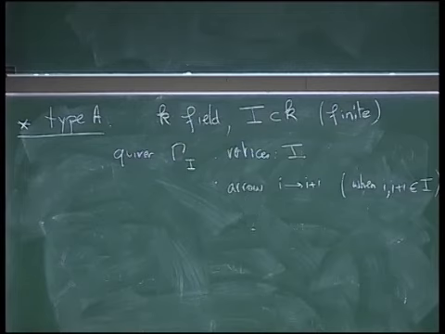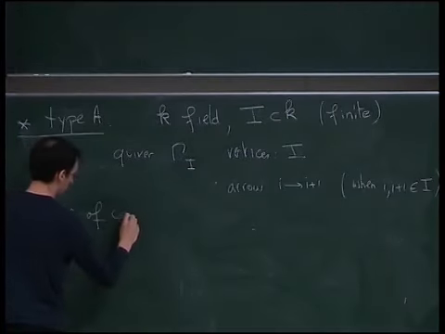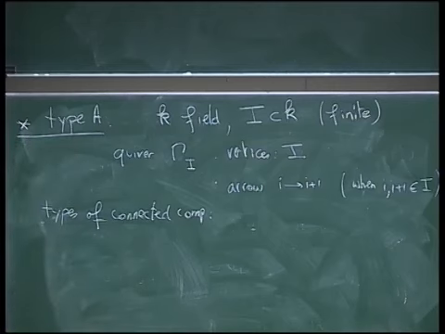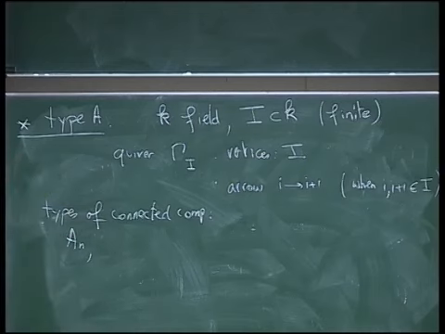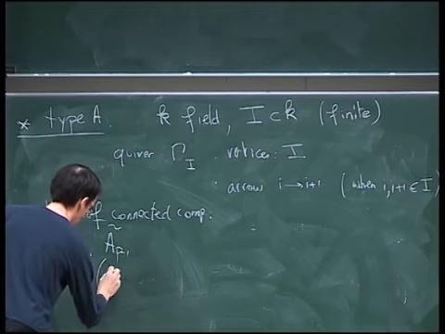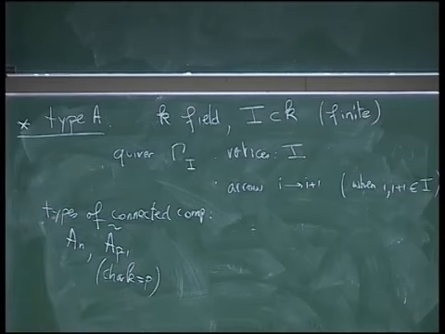The quiver you'll get has possible connected components. Certainly you can get type A_n as a connected component. But if the field K has characteristic p, you can also get components of type A_{p-1}. So those are possible connected components.